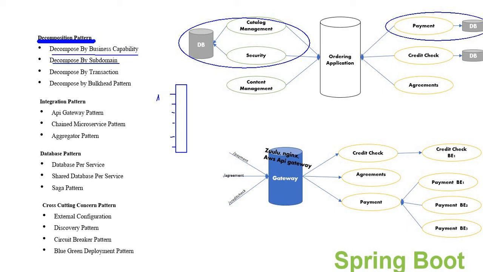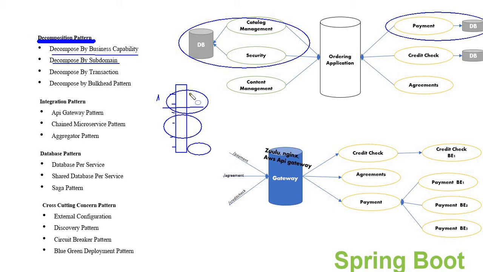Instead of making the whole thread pool available for payment requests, I block only the first two connections of the pool for payment, the next two for credit check, and the next two for agreement.